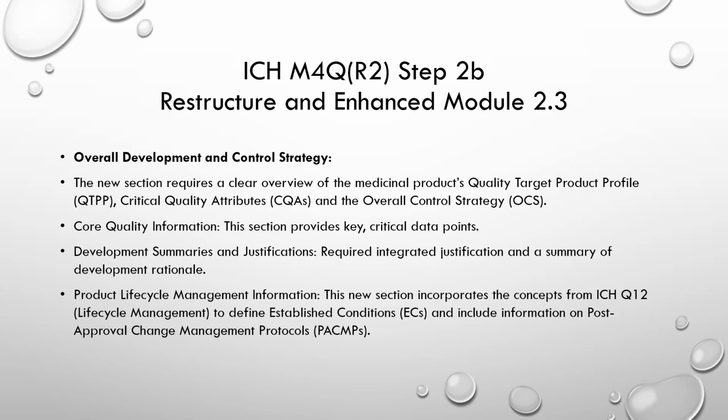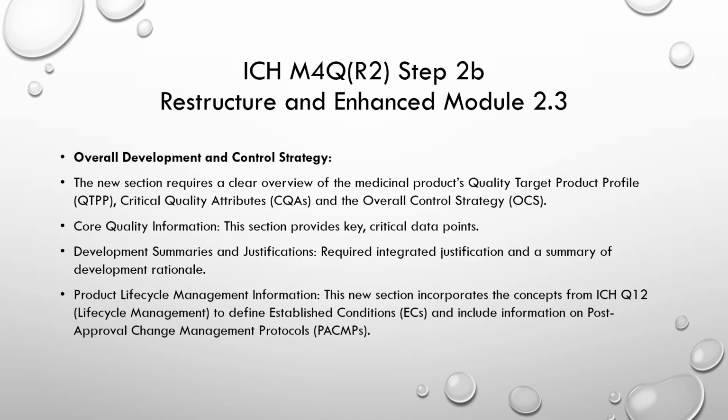So it gives core quality information: key critical data points, the summary and justification, and product lifecycle management information. So your lifecycle management, your established conditions, and your post-approval change management protocols are all included in this document. I don't know how it was done before with regards to post-approval change management protocols.